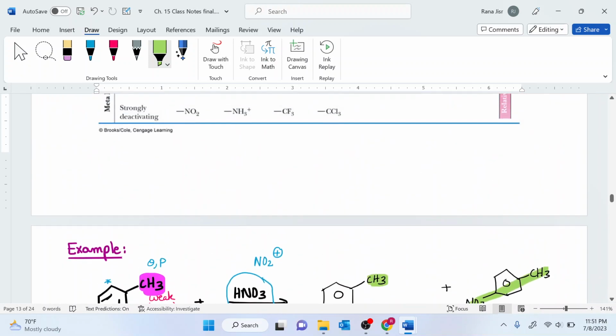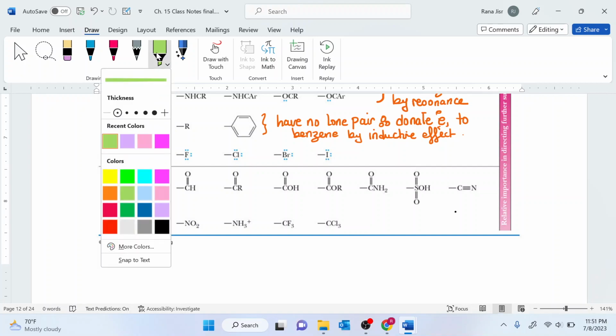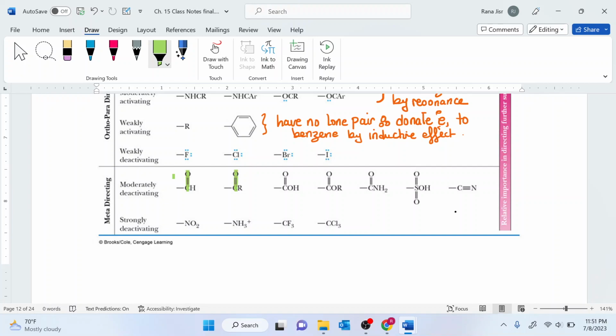And electron withdrawing groups, if we go to the table over here, are divided into moderate deactivating groups and strong deactivating groups. These are electron withdrawing groups. We also call them deactivating groups. These are all the moderate deactivating groups. Normally, the moderate ones are the ones that have carbonyls directly connected to the benzene.